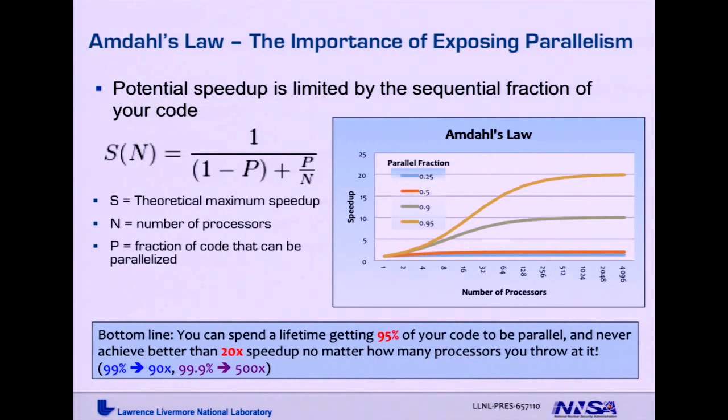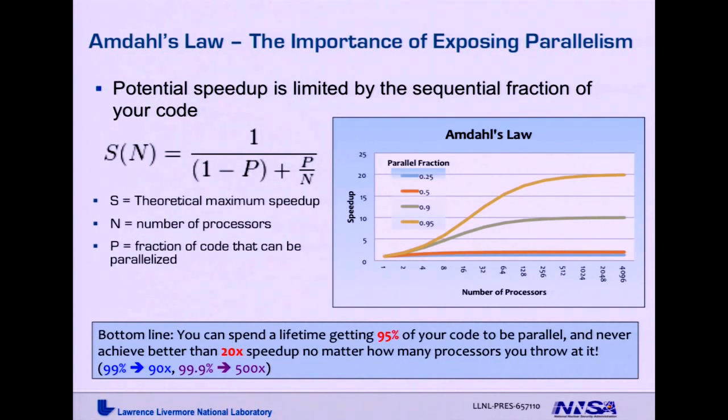Another way to say that is if you've got serial sections in your code, parts of your code that aren't parallelized, where everything has to be coordinated perhaps on one processor, that's going to limit the potential of your overall speed up. And this chart here shows that, if you crank through this calculation and plot it on a chart, you very quickly asymptotically reach some scaling limit due to Amdahl's law.